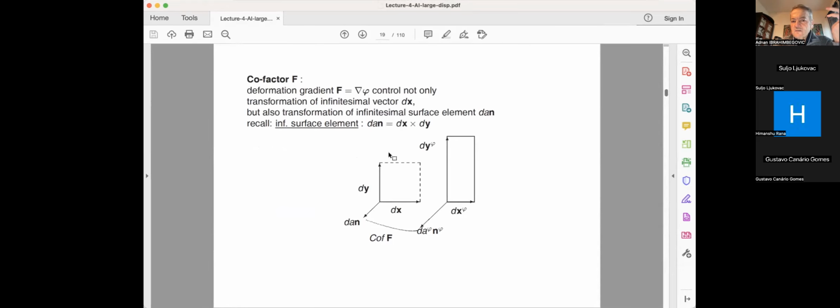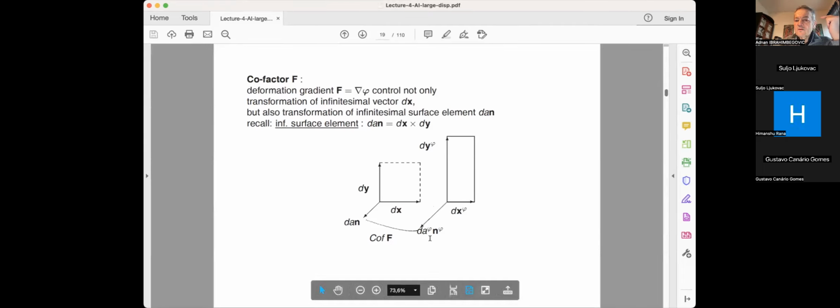One way of writing this vector product would be to say this is dA, the area enclosed by this, let's say, rectangular element, and oriented in the direction of n, which is perpendicular to both dx and dy. And then you stretch dx into dx phi, and you stretch dy into dy phi, and then you have a new infinitesimal element, which I call dA phi n phi.